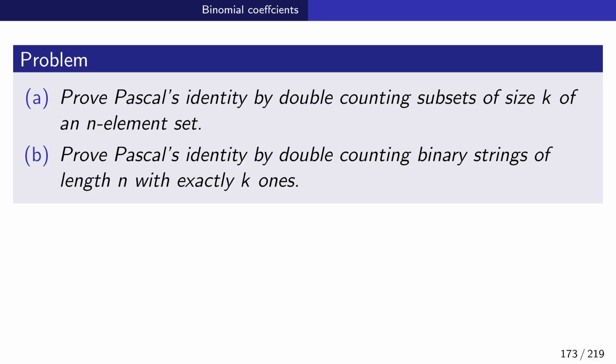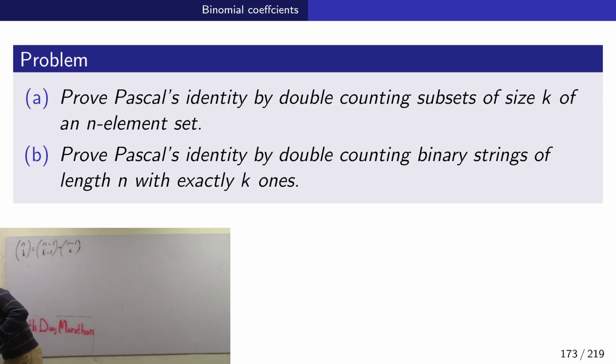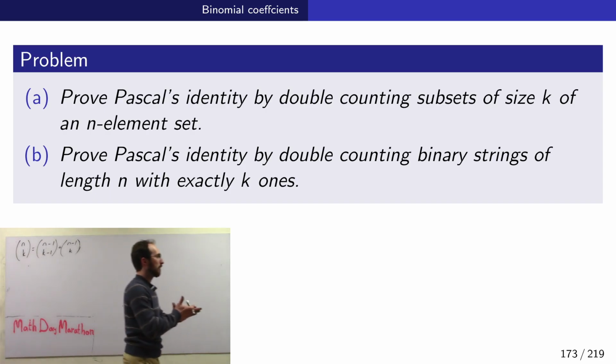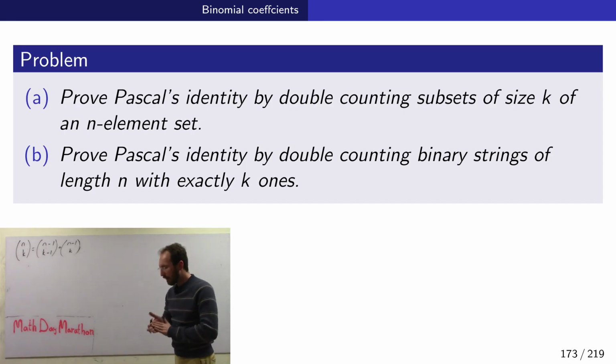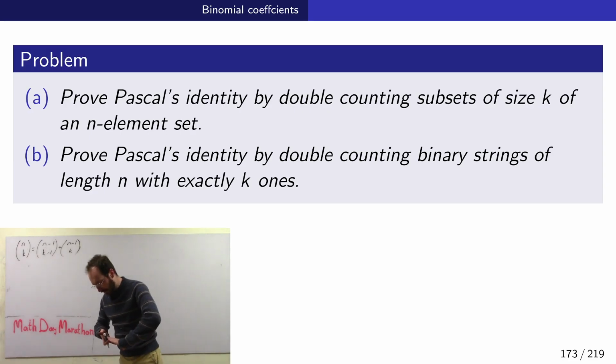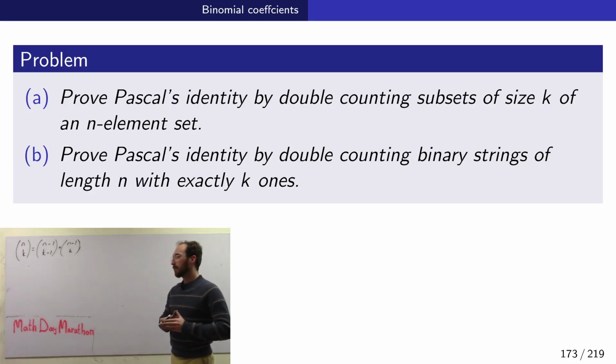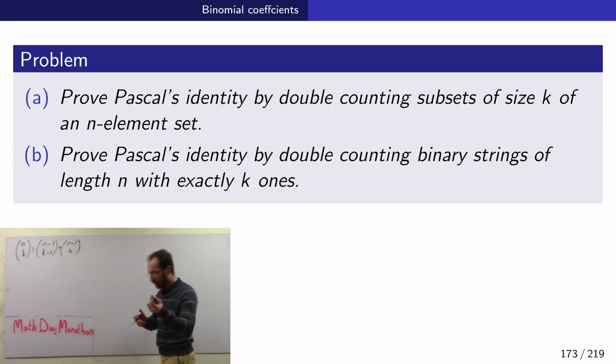Let's see. So part A here. What if instead we try and prove Pascal's identity by double counting subsets of size k from an n element set? Now we're going to do something of the same flavor as the subcommittee and chairperson identity, where we specify an element here.